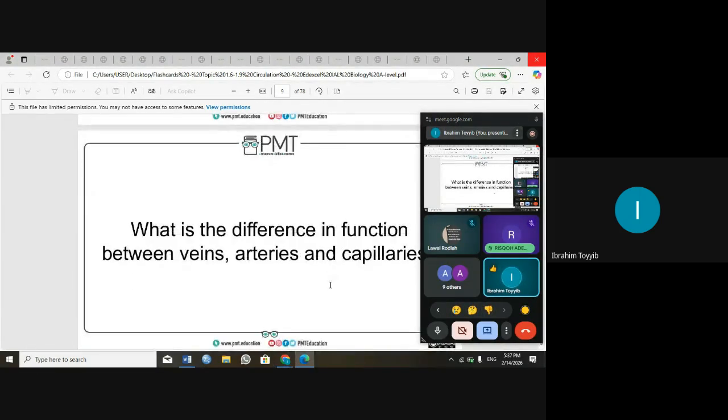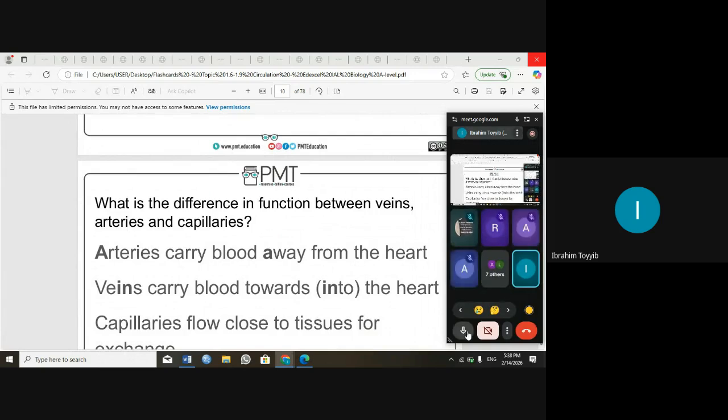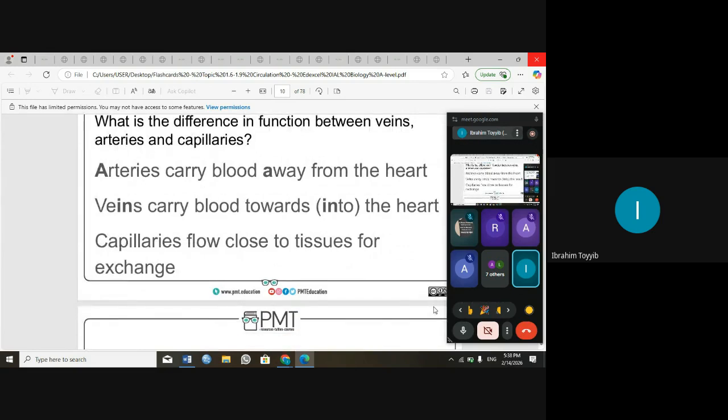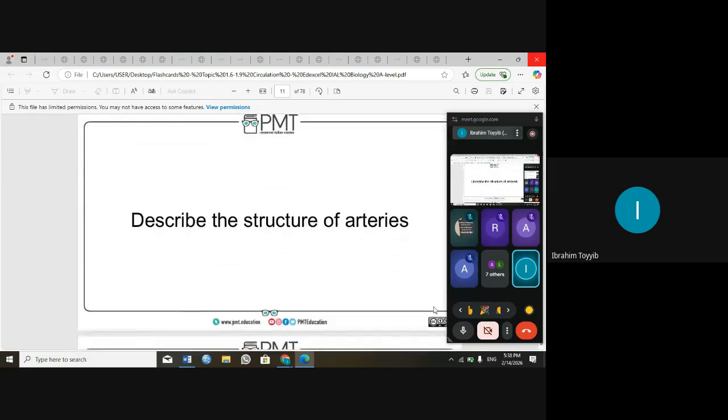So let's look at the answers here. Can you see it? So the capillaries help in what? In nutrient and waste product exchange. We have not done the structure of the artery, so let's look at the structure of the artery now.